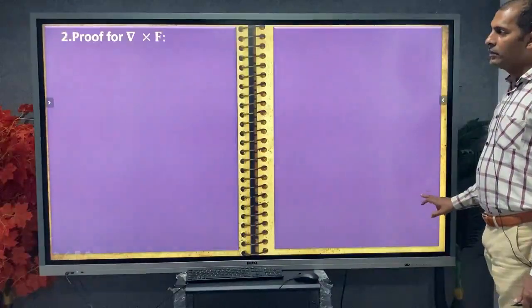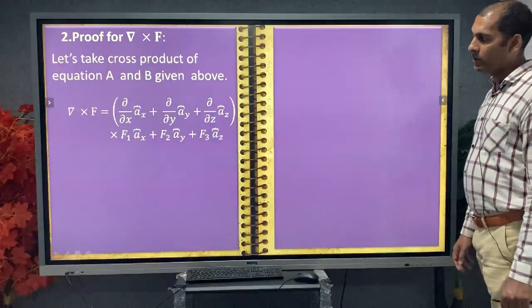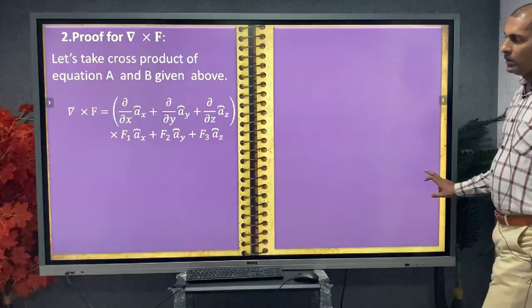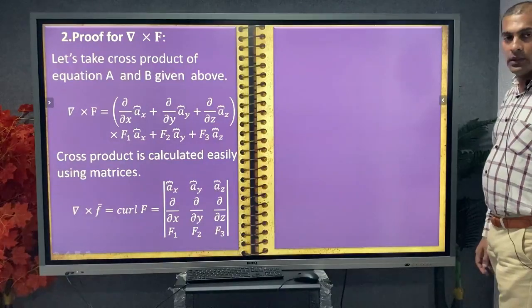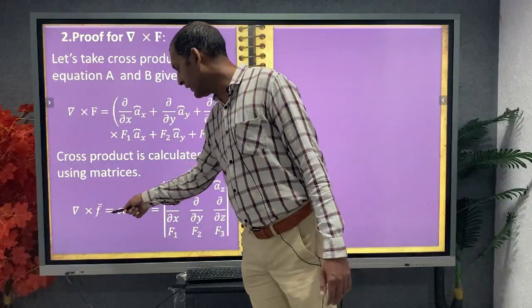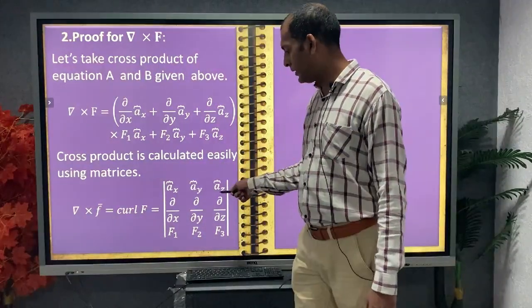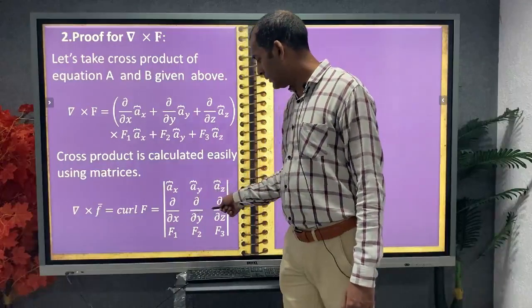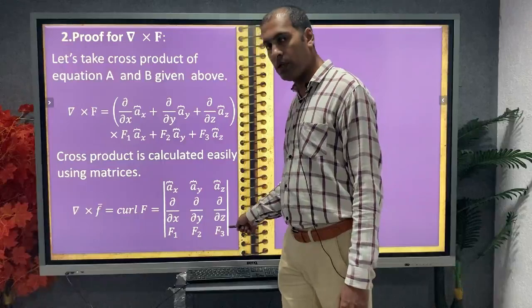Then let us check the next one, del cross F. Suppose we have del cross F; let us explore it. The cross product is calculated by the matrix form. We read del cross F as curl F. So three directions, Ax, Ay, Az. Then the three partial derivative terms, dou by dou x, dou by dou y, dou by dou z.